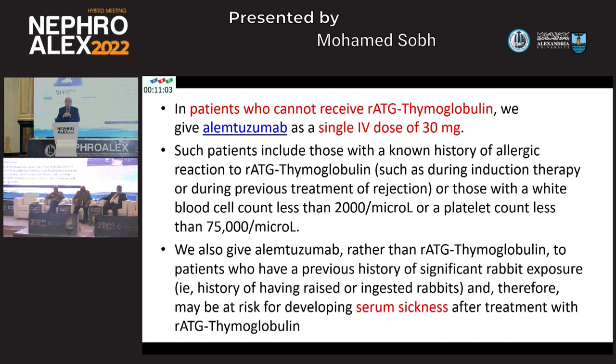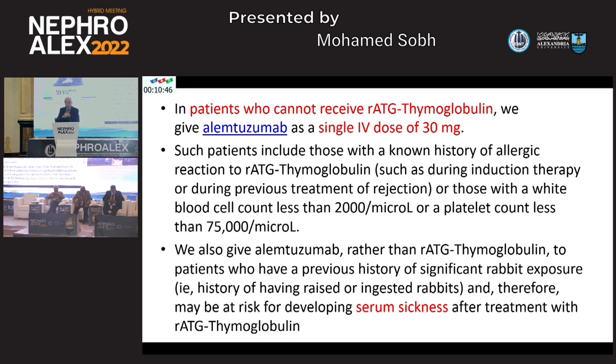Or a patient with acute T-cell mediated rejection with white count less than 2,000 or platelet count less than 75,000. This patient has to be given alemtuzumab.